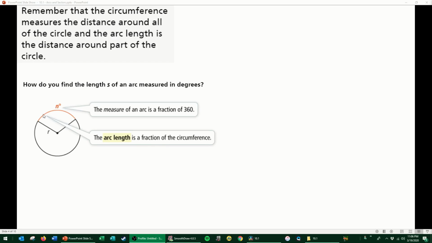So it's going to be this portion over 360. So the part over the whole, which is exactly how you probably learned fractions, is think of it as the part over the whole. So arc length over the circumference, your part over your whole, is equal to your arc measure divided by 360.